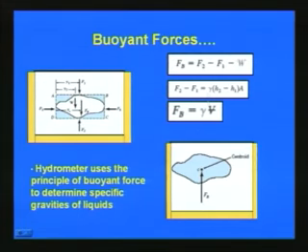So FB, the buoyant force, is equal to F2 minus F1 minus W, where W is the weight of the body, and F2 minus F1 is equal to gamma into (H2 minus H1) into A. Finally, the buoyant force is equal to gamma into the volume of the fluid which was displaced. This is the way we determine the buoyant force.